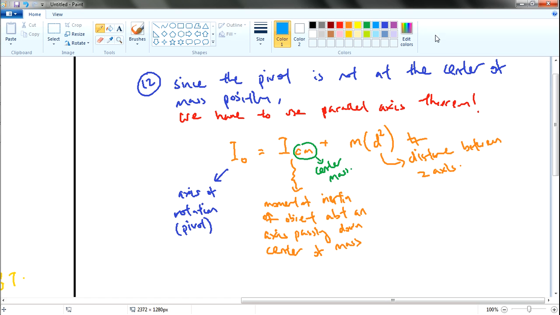Let's say, where's my pen? Sorry. So this is the rod itself. This is our pivot. So we have to move a certain distance to the center of mass over here. So this is the perpendicular distance between two axes.